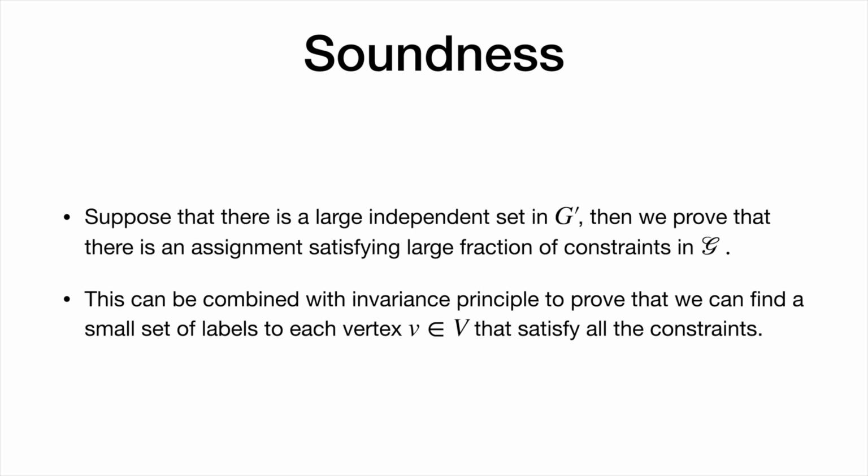And for the soundness, we need to prove that if there's a large independent set in the graph that we constructed, there's an assignment satisfying a large fraction of constraints in the label cover itself. We do this by using an invariance principle based approach to find a small set of labels for each vertex that satisfy these constraints. This is where we need the spectral radius of the Markov chain, and this is also where heavy machinery of invariance principle based techniques is used.